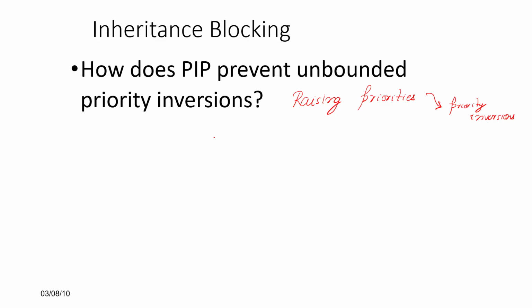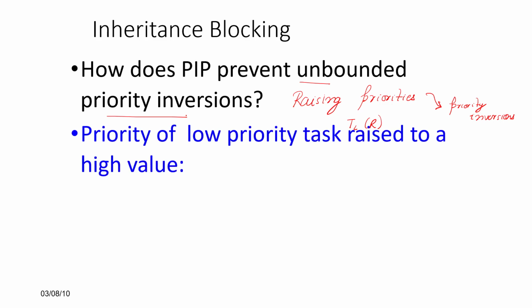And so if it finishes as soon as possible, then the highest priority task will get the resource. But if the low priority task, which is holding the resource, is not allowed to execute, then only you will have unbounded priority inversions, because this is where intermediate tasks which are not interested in the resource will continue to execute. So they will pretty much have fun.